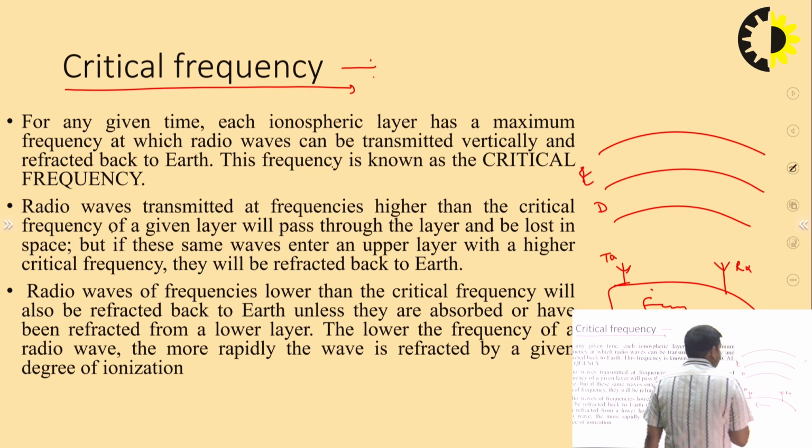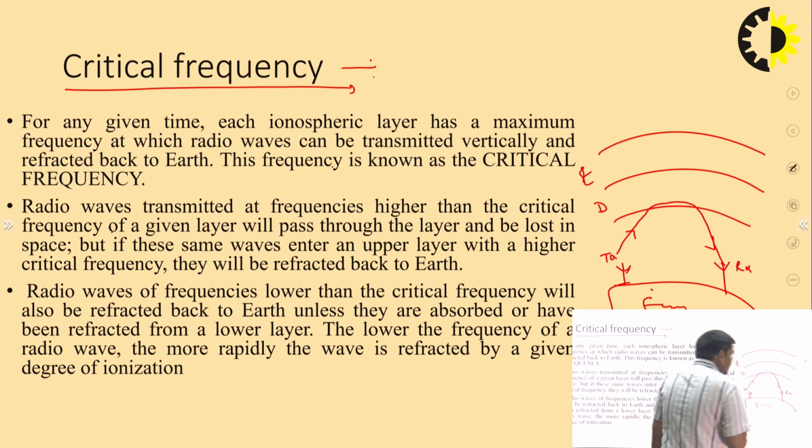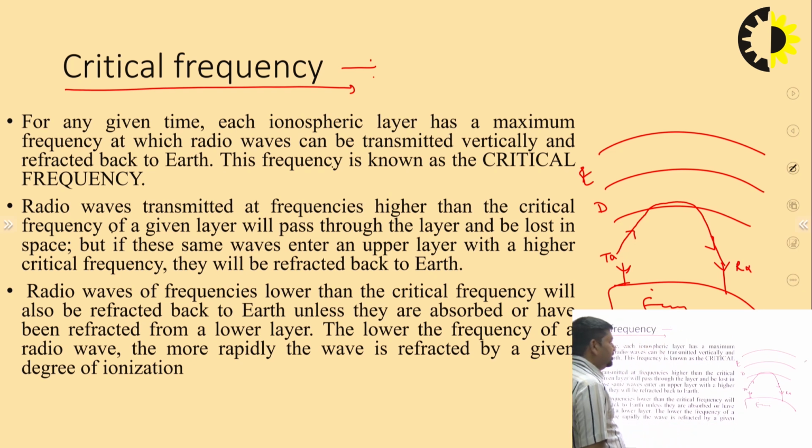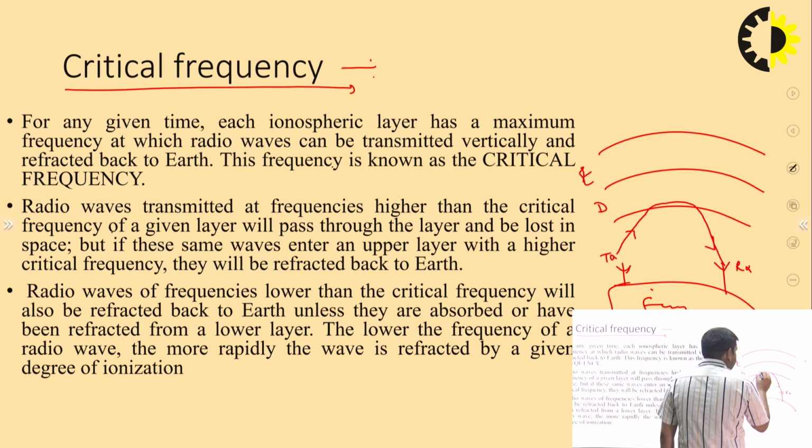What is the minimum cutoff frequency which can penetrate that particular medium, graze along it, and be reflected back to the Earth? That particular frequency is called the critical frequency. This is the maximum frequency which can be reflected back from that particular medium.